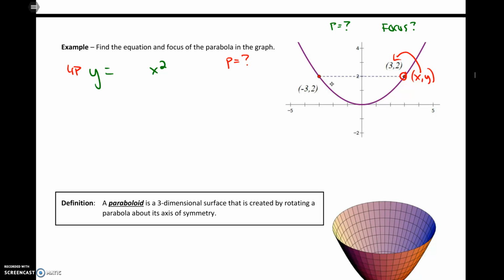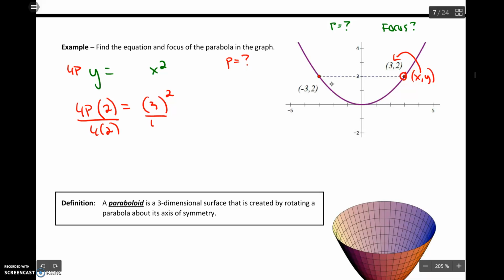So let's just do that. This is 4p times y, which is 2, equals x squared, which is 3. The only unknown here is p, so we should be able to solve for it. Divide by 4 times 2, and we get p equals 9 over 8, positive.